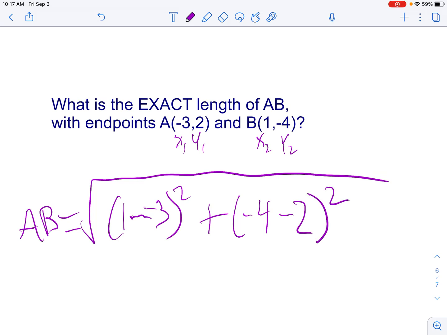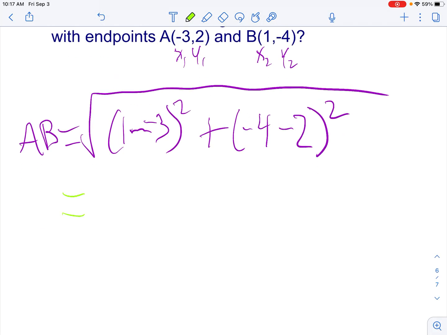Okay, let's start simplifying. AB equals the square root. 1 subtract negative 3. Remember, when you subtract a negative number, these negatives cancel out, and it turns into what I call a super plus. So 1 subtract negative 3 is the same as 1 plus 3, which gives us 4.